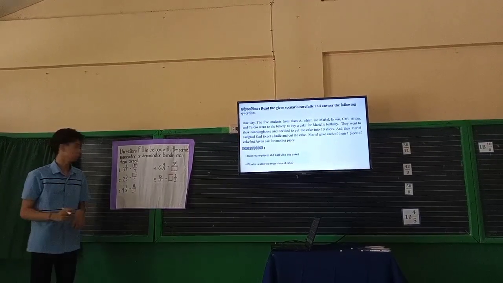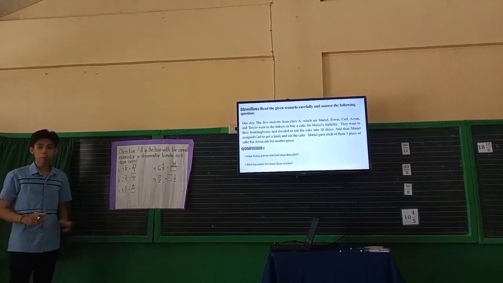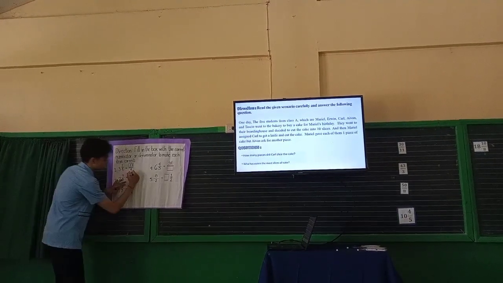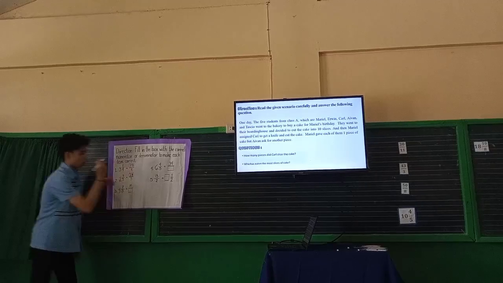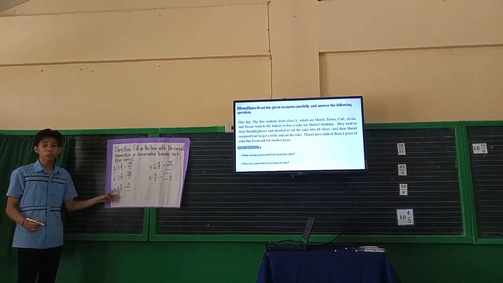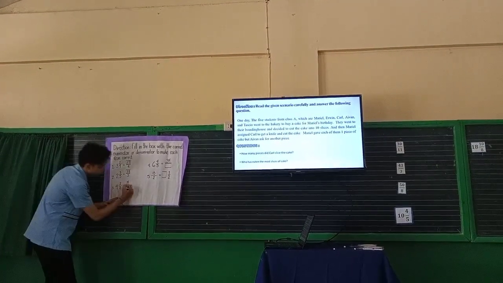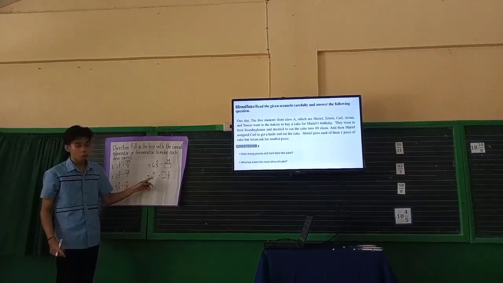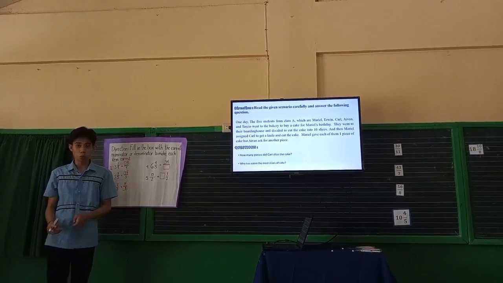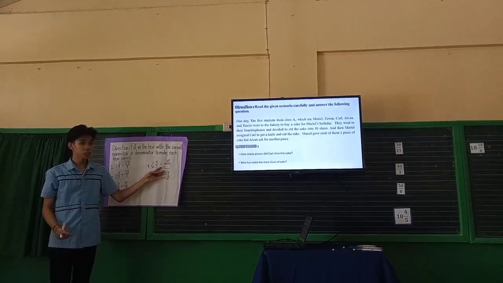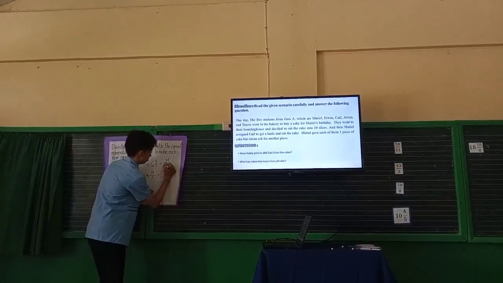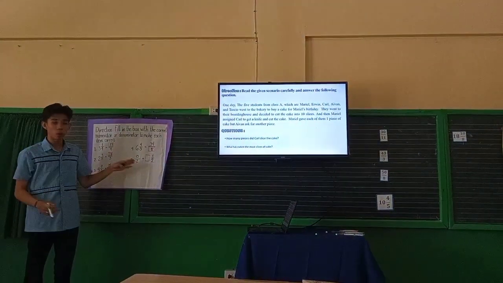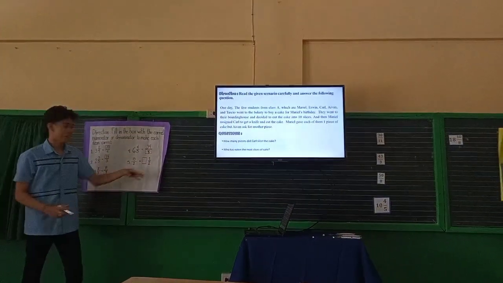Number 2, 2 and 3 over 5 is equal to, very good, 13 over 5. 4 and 2/3 is equal to 14 over 3. And for number 4, 6 and 4 over 5 is equal to 34 over 5. And for our last number, 13 over 2 is equal to 6 and 1/2.